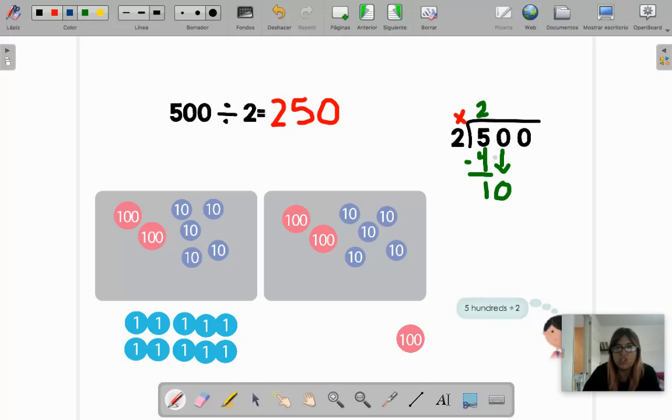Let me change now to blue. So what number here? We multiply times 2 to get the last number, 10, and we are going to put the answer here. Okay, so pause the video and think and write it on your whiteboard. And then you come back to see if you got it good.